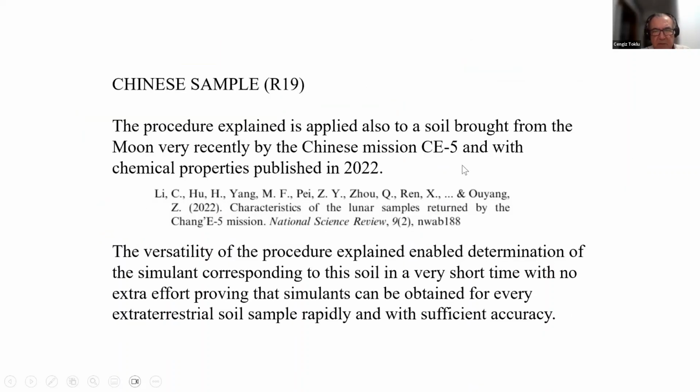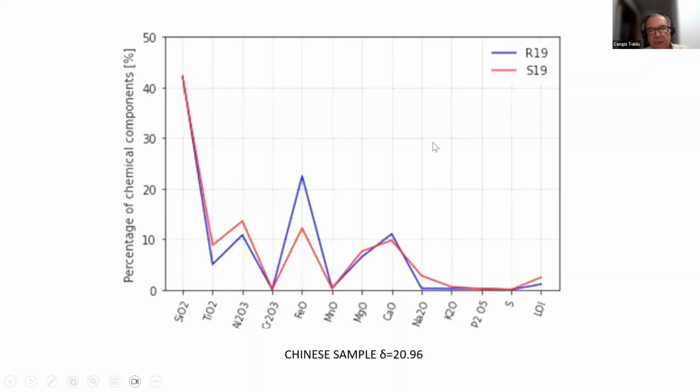Now, in the same year that we were working on this project, the Chinese mission CE5 also returned, and they brought 1.7 kilograms of soil, and the characteristics of that soil also are published. And since we have the possibility of making a simulant similar to any type of material, we also have tried this, and very quickly we have obtained this result.